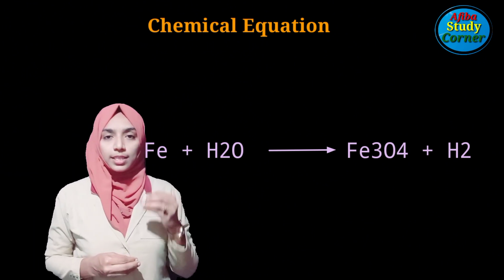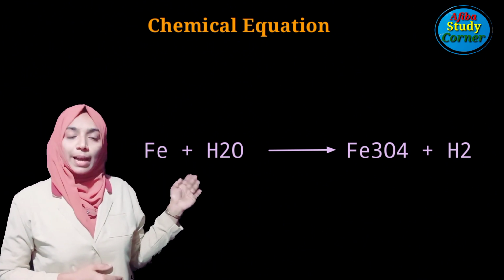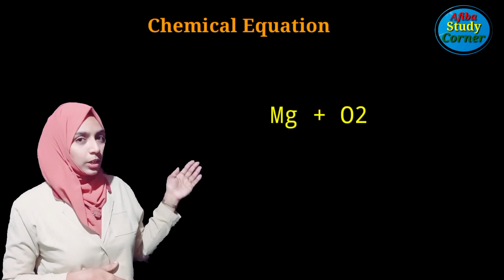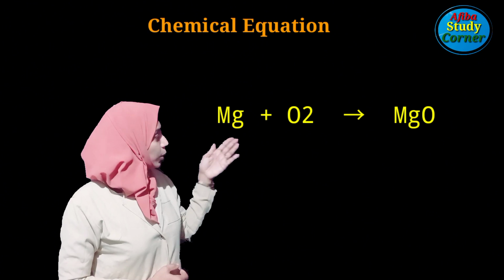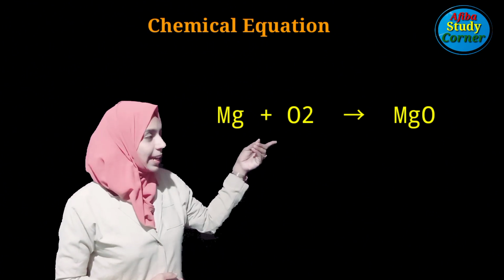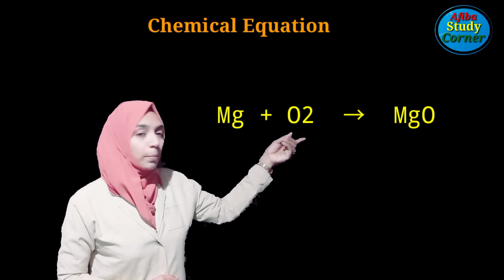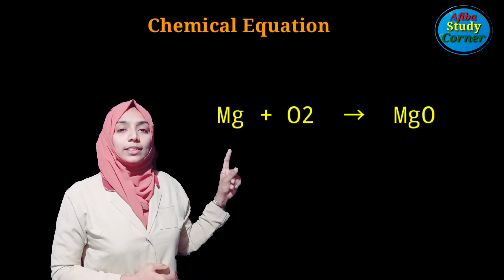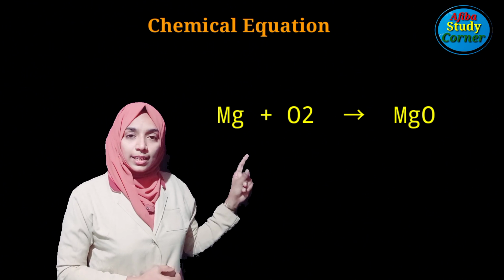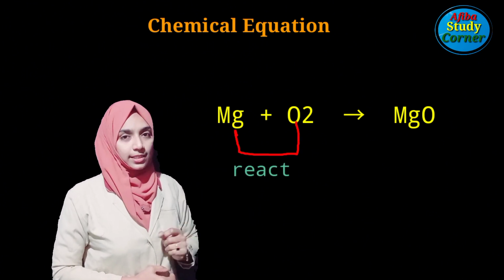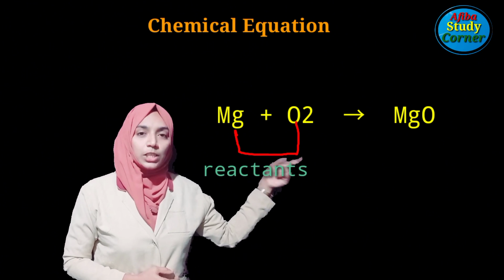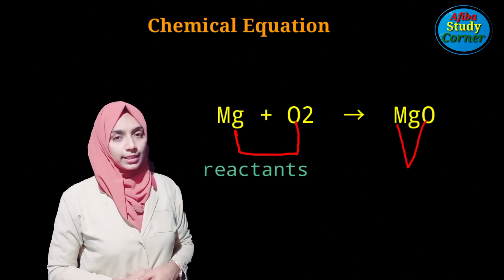Before going to study balancing chemical equations, you should know something about these equations. Here you can see magnesium reacted with oxygen to form magnesium oxide. Magnesium and oxygen we can call reactants, and the right part, magnesium oxide, is the product.